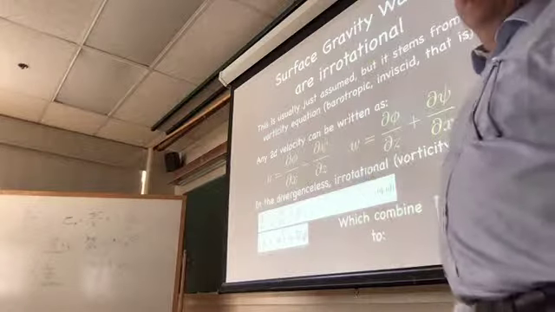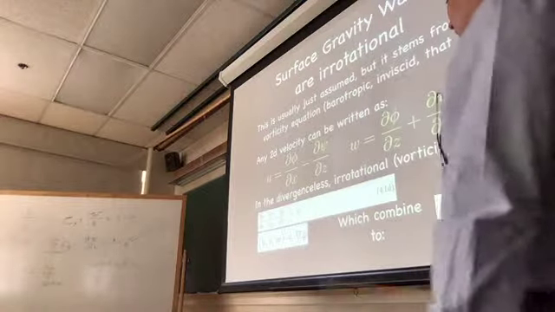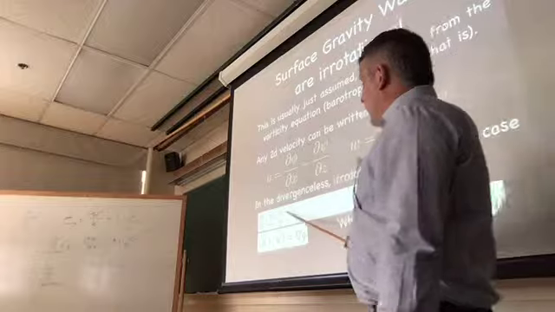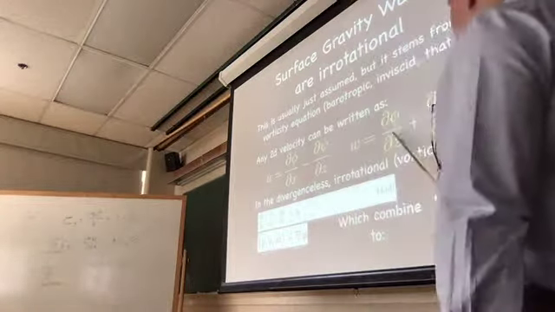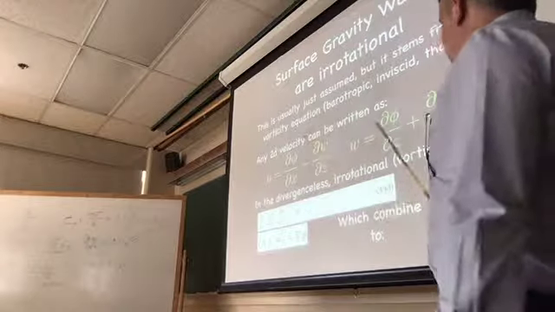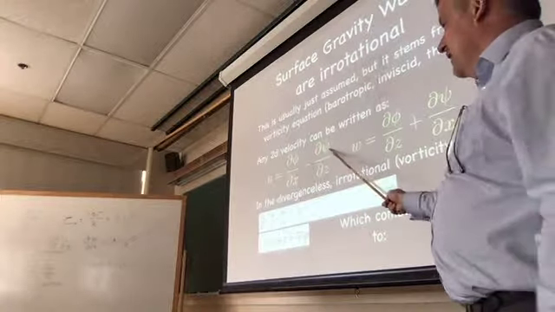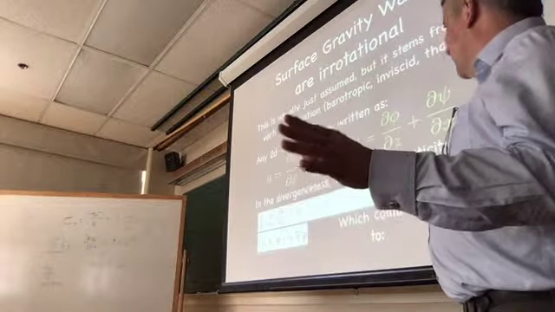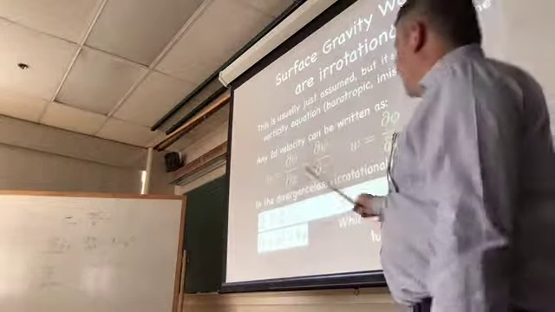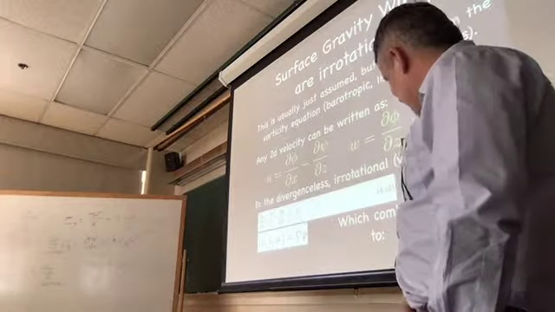Suppose the wave has no vorticity. And if it's also divergenceless, then the stream function is 0 because we said the vorticity is 0.